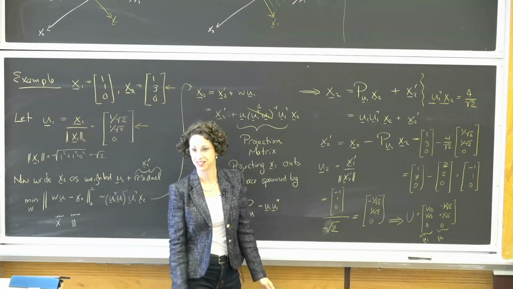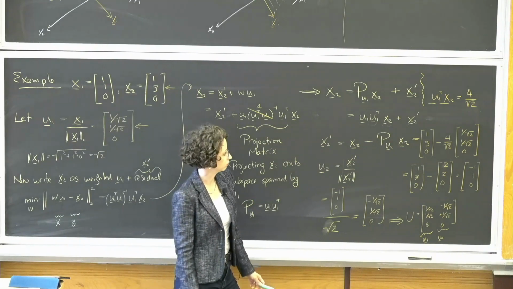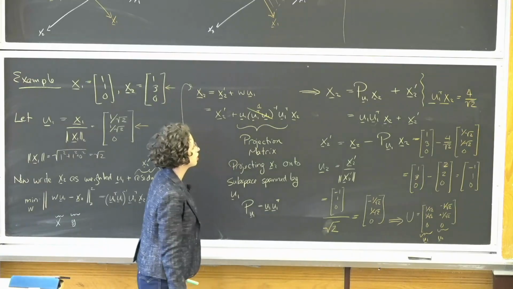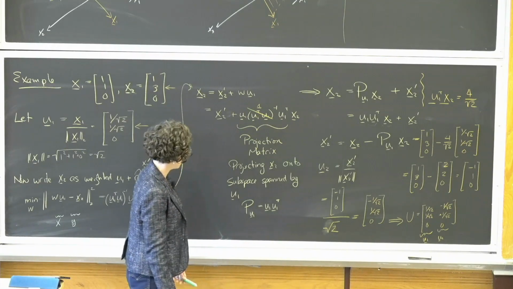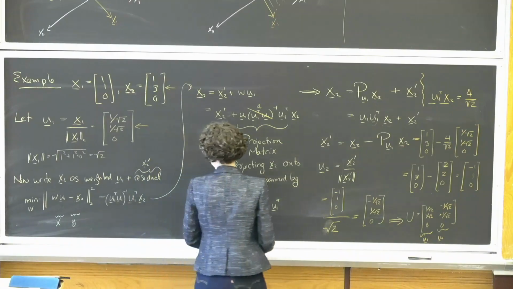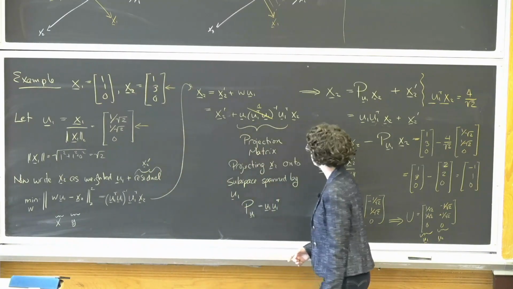Yeah, great question. Yes? So could you explain why the projection onto U1 is U1 U1 transpose? So the projection is coming immediately from this notion of least squares.